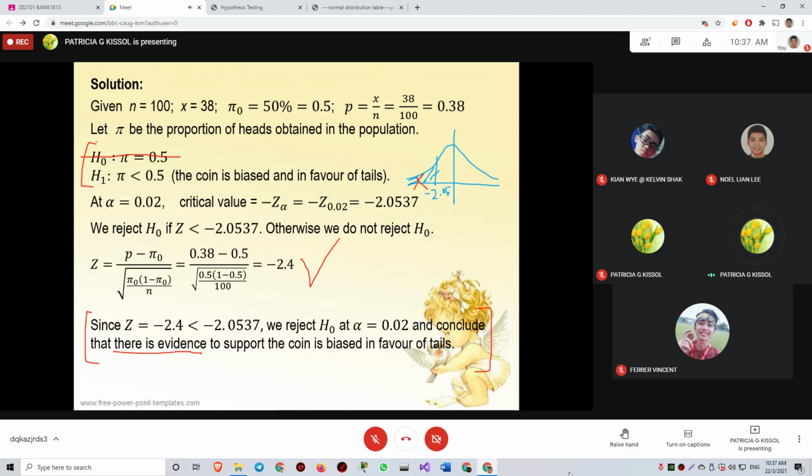Even though, let's say you read the question and the hypothesis you have written wrongly, I will still give marks to the rest of the answer based on your own hypothesis. Because you already lose marks in the hypothesis, and if there's any other careless mistake, you lose marks also.